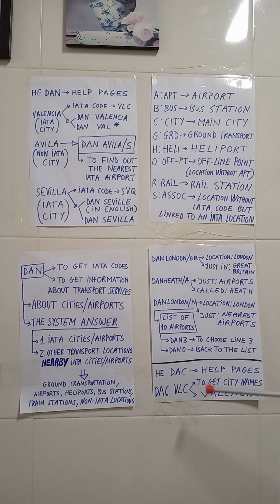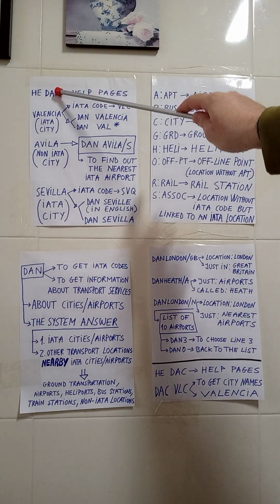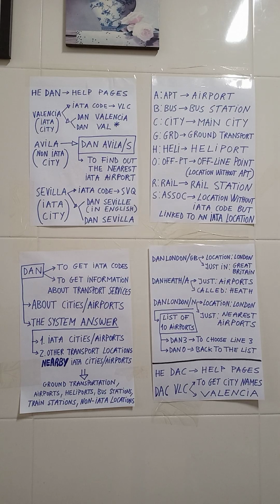Let's go to the DAC code. So I am going to speak about this part, okay? DAC is used to do the same thing that I explained with DAN here, but with a big difference. DAC allows us to get the name of a city or an airport by previously typing the city or airport code.